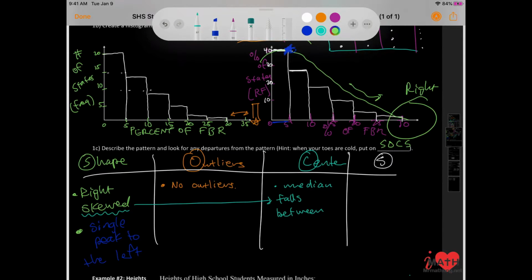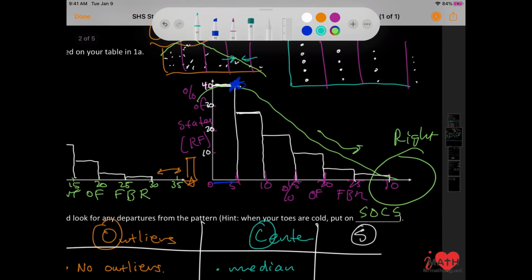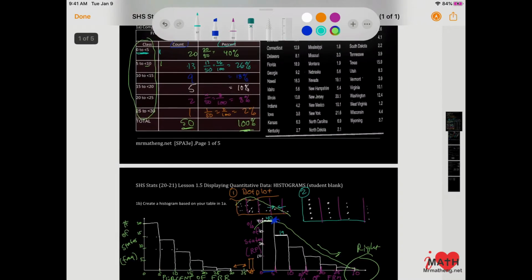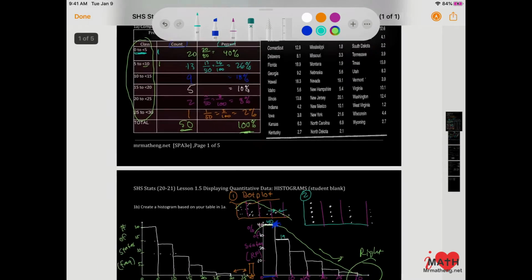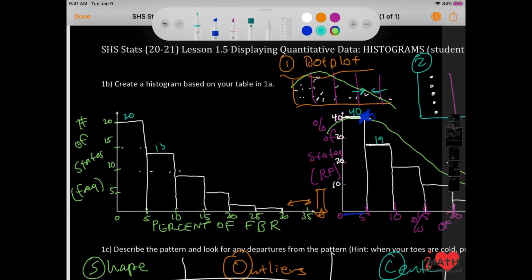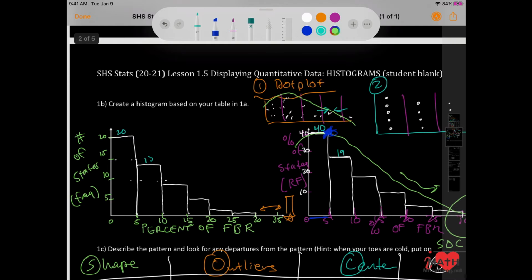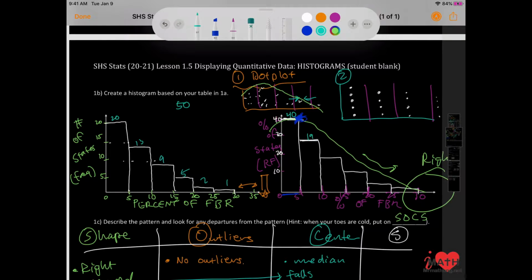So how do you actually find the median? This one's not going to be fun because there's like 50 states, right? So there are 50 states, and if you have the numbers 1 to 25, and then 26 to 50, there are 25 numbers here and 25 numbers here.